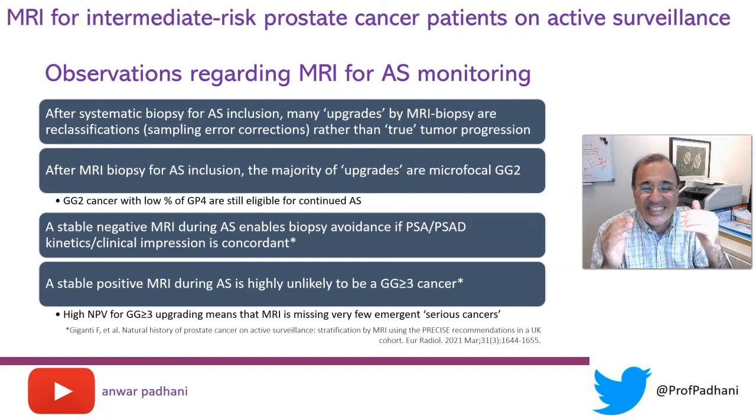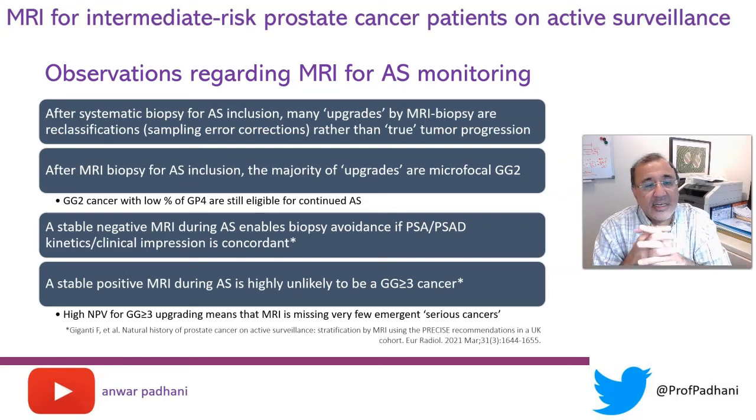A stable negative MRI enables men to avoid a biopsy if PSA, PSA density, kinetics and the clinical impression are concordant. But a stable positive MRI could be 50-50.